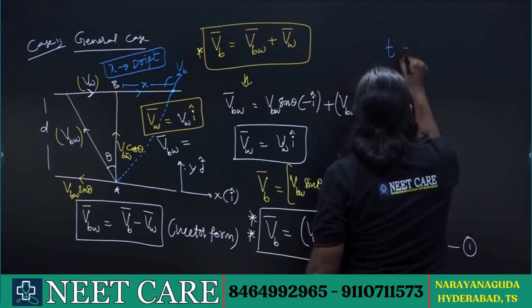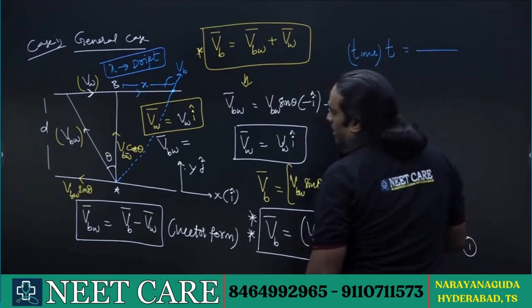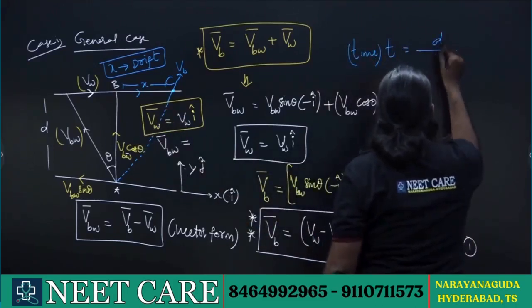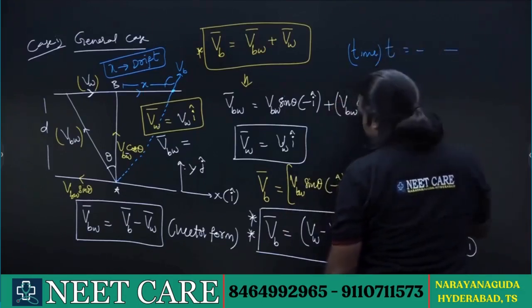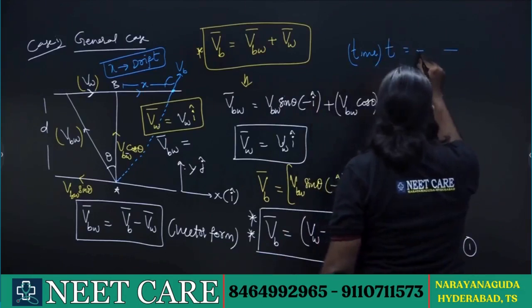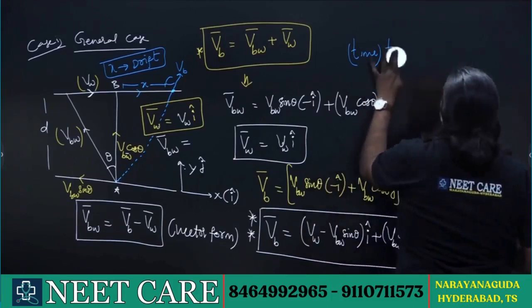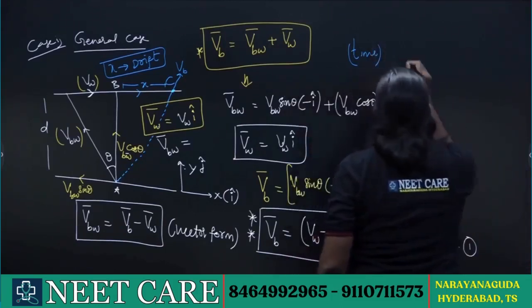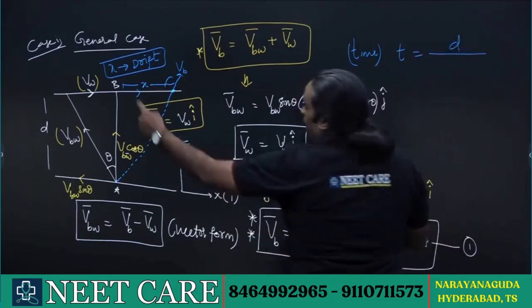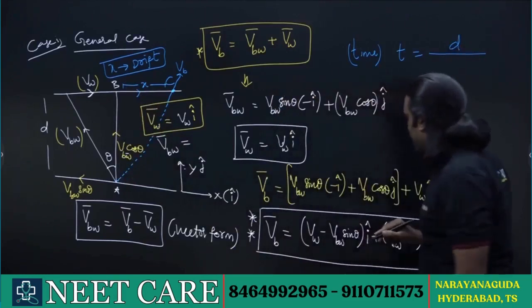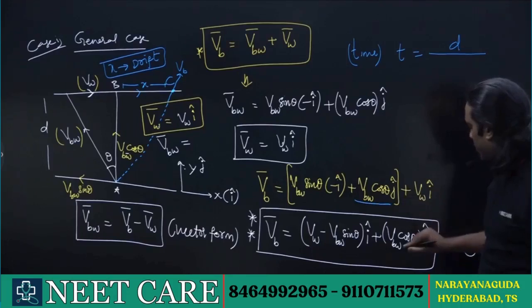Then the time taken to cross the river, t, is equal to, taking the width of the river as d, d divided by the velocity along AB, nothing but this value, the j component.